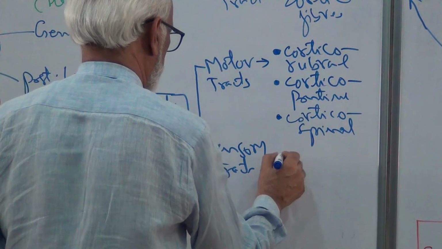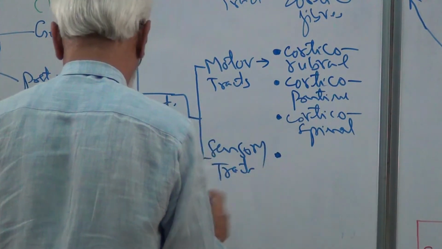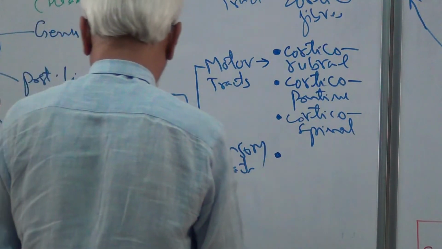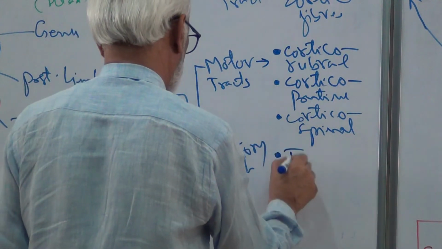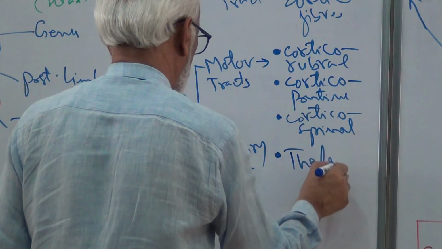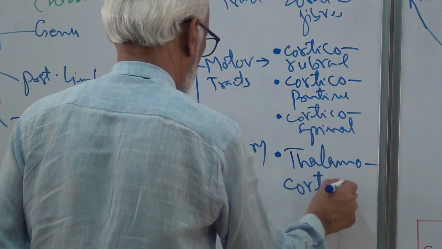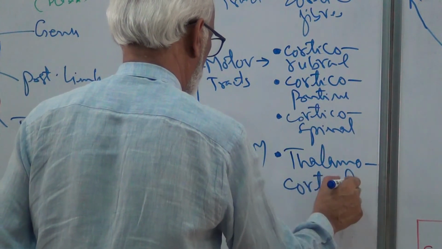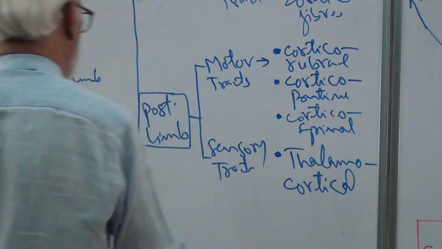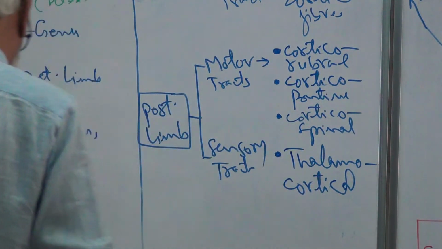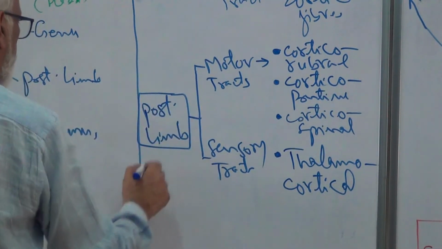And the sensory tracts are thalamocortical fibers again. These are the fibers passing through the posterior limb.